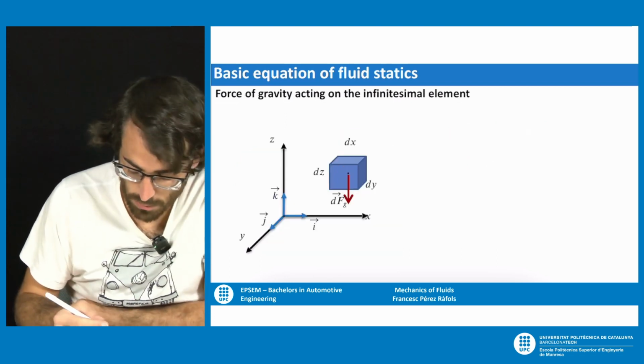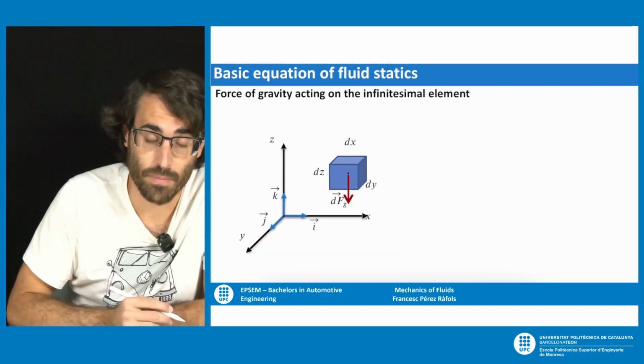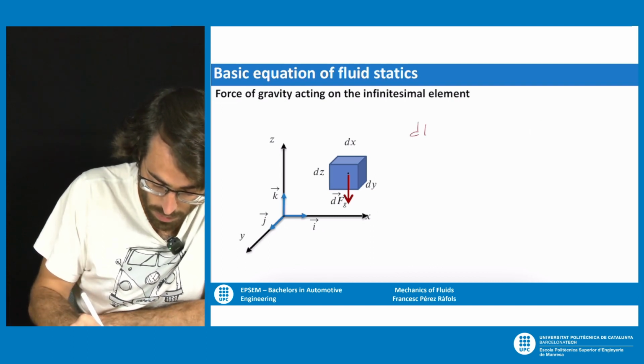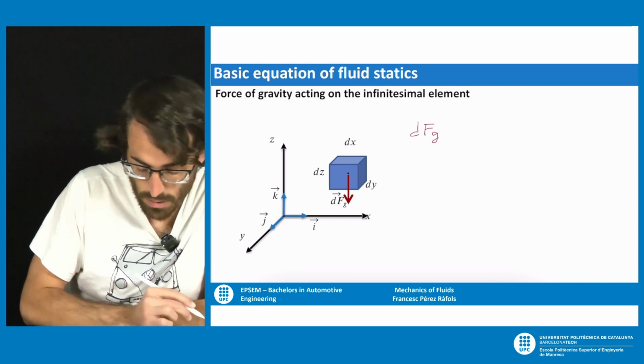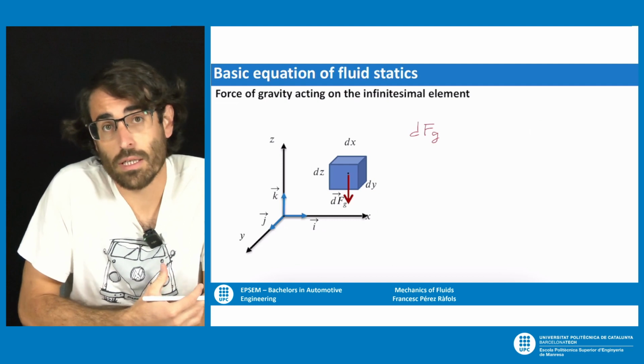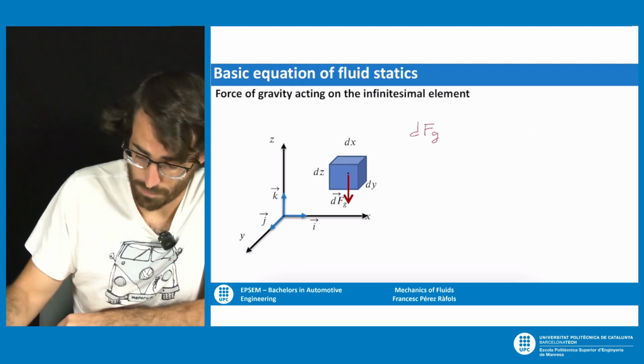With that, we can look at the force of gravity. We call it dFg, a d again because it's a force acting on an infinitesimal element, and therefore is also an infinitesimal force.